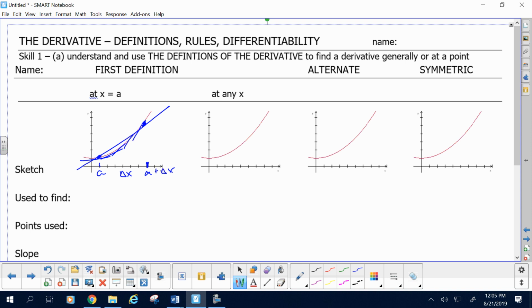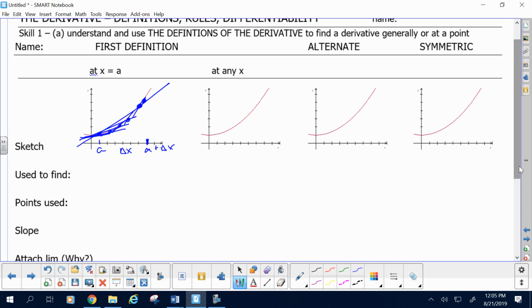So the idea then, as you know, is to take those 2 points and get them closer and closer and closer together. The points you use are A and F at A for the x and y of the original point, and the other point is A plus a little more.